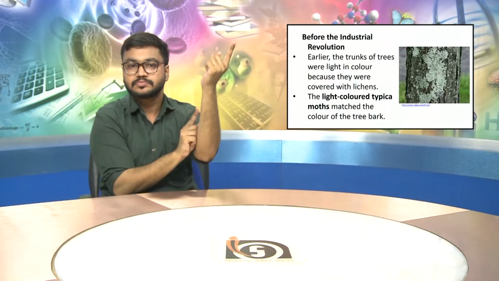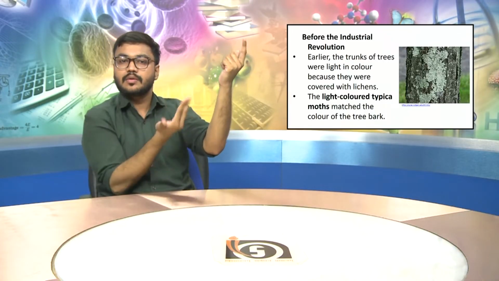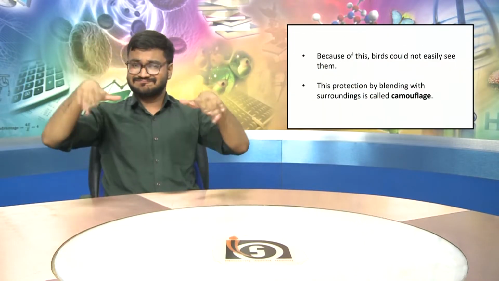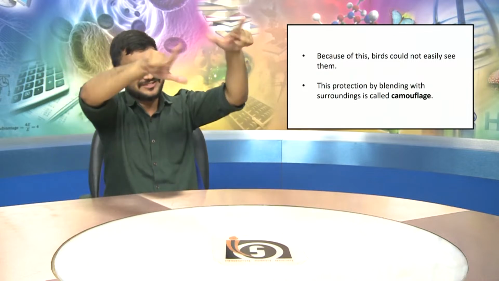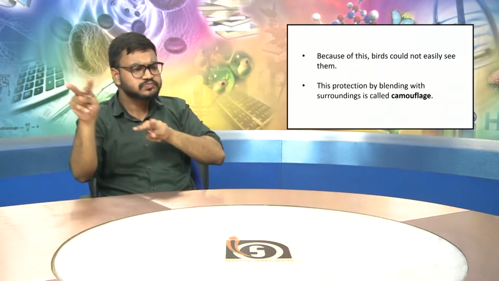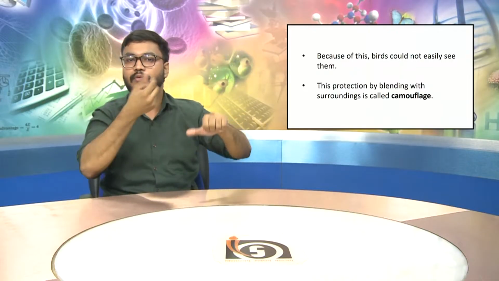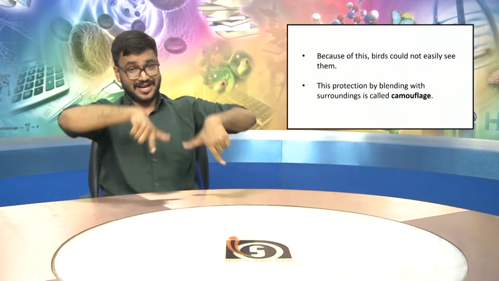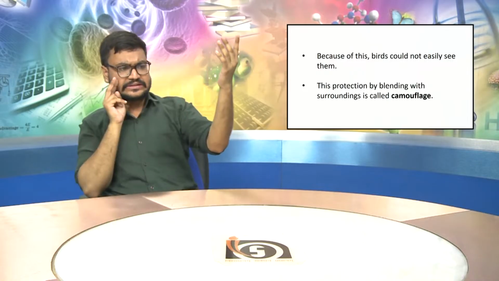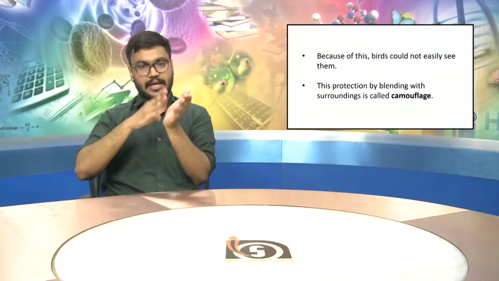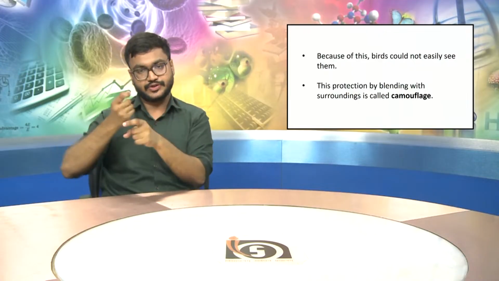And the light colored Typica moth matched the color of the tree bark. Because of this, birds could not easily see them, so they were not able to eat them, and this protection by blending with surroundings is called camouflage.